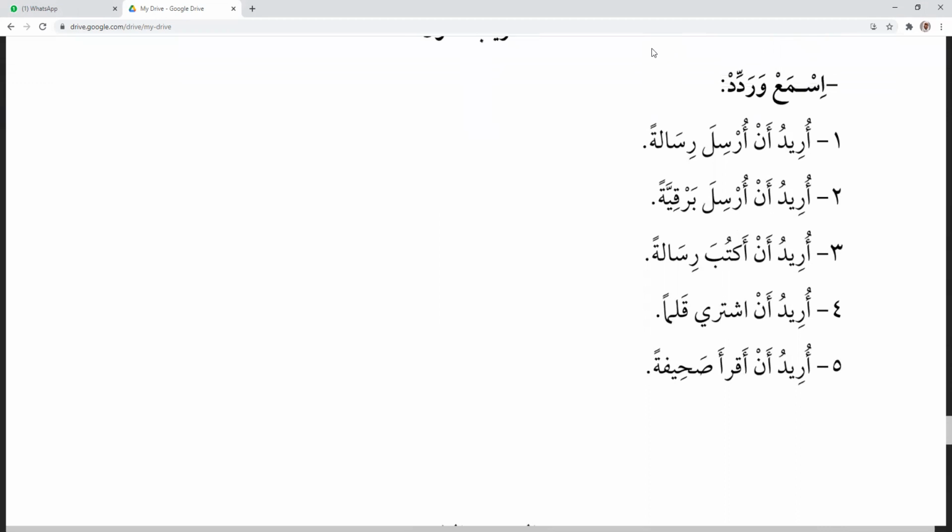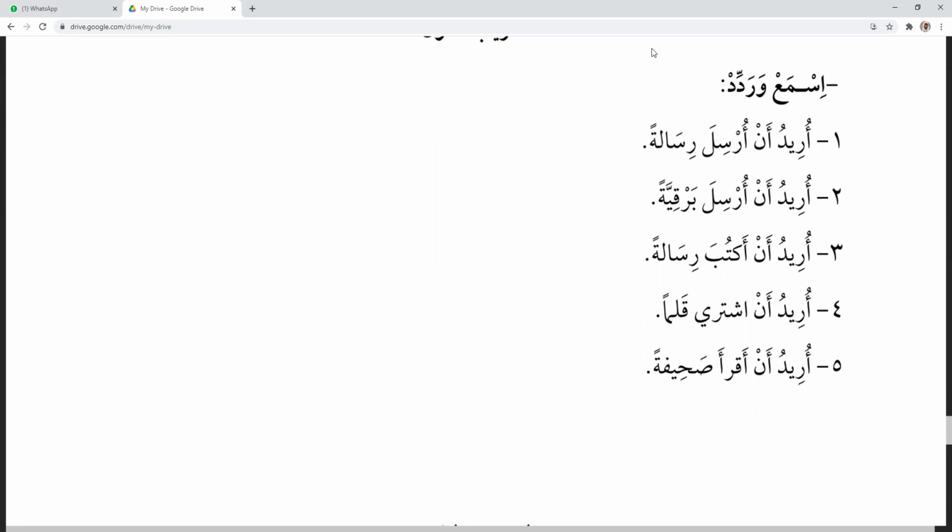This is a nice little phrase. Uridu an. What does uridu an mean? You don't necessarily need to use an, which I think is better. Uridu means I want, and an just makes it like "to": I want to.